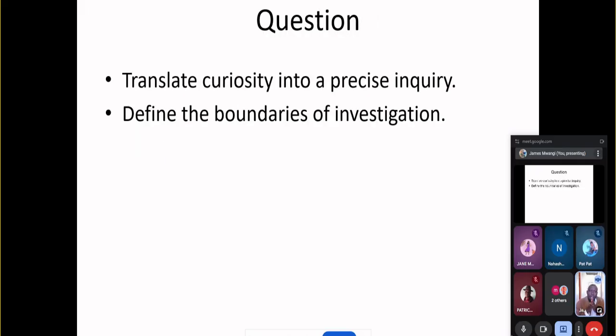You go to the next stage where you question. You translate curiosity into precise inquiry. Okay, you have been able to observe your problem, your phenomenon, which is abnormal. You now ask, you do what you call precise inquiry. So you define the boundaries of investigation.